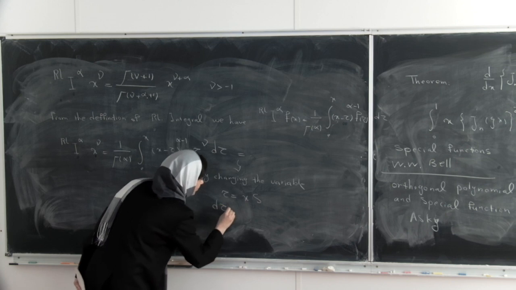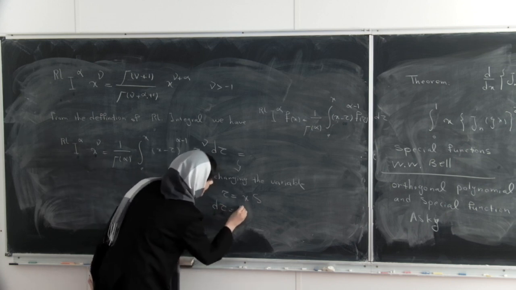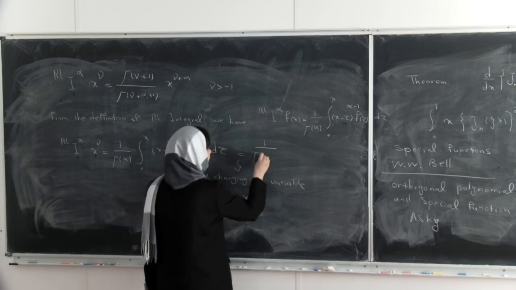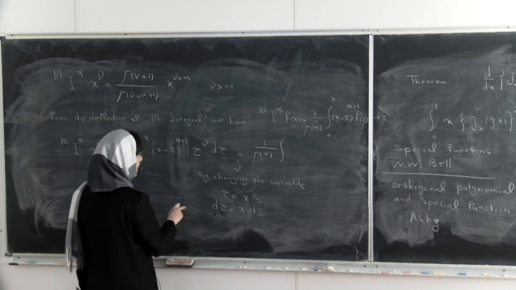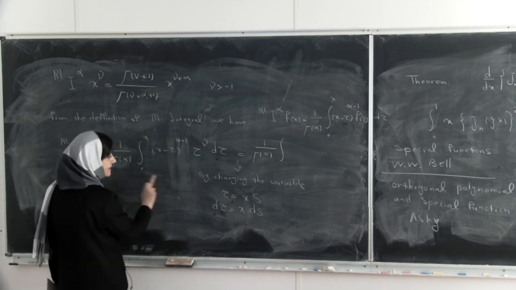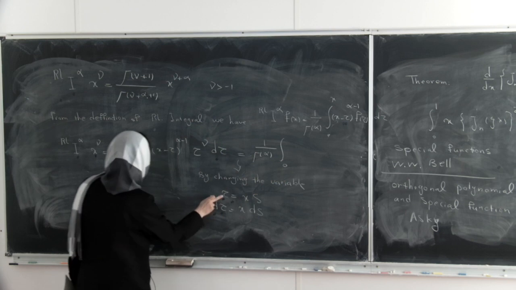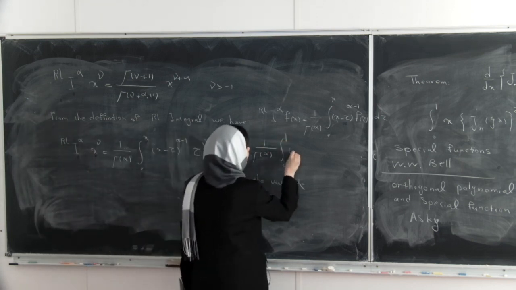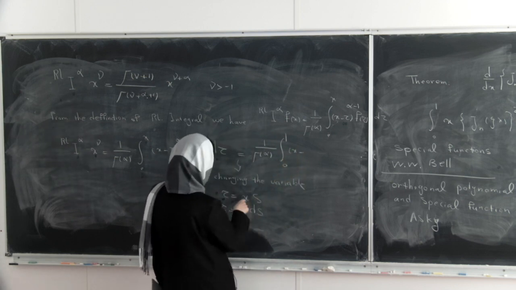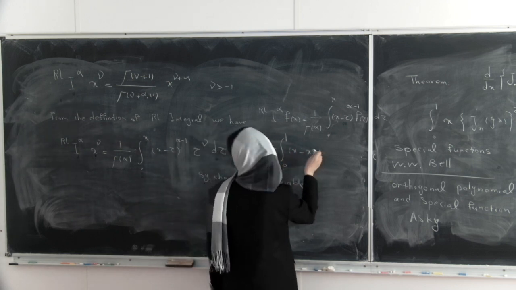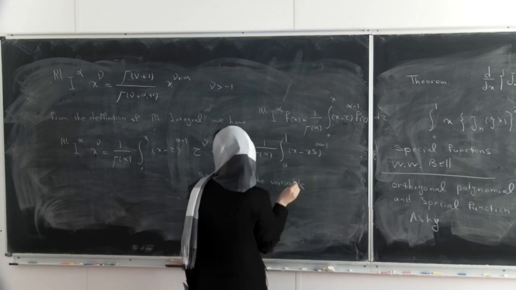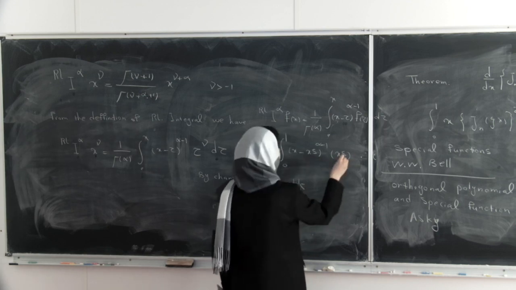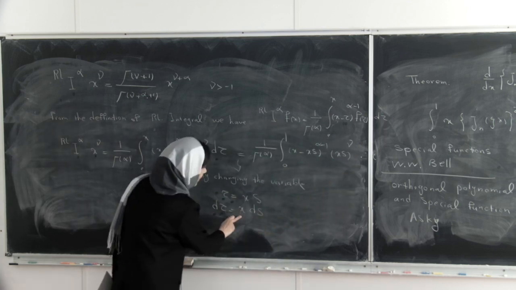We have d tau, the derivative of tau, x ds. So here we have 1 divided by gamma alpha integral. When tau is 0, s is 0. When tau is x, s is 1. X minus tau, here we have x(1 minus s) to the alpha minus 1. Tau is xs to the nu and d tau is x ds.